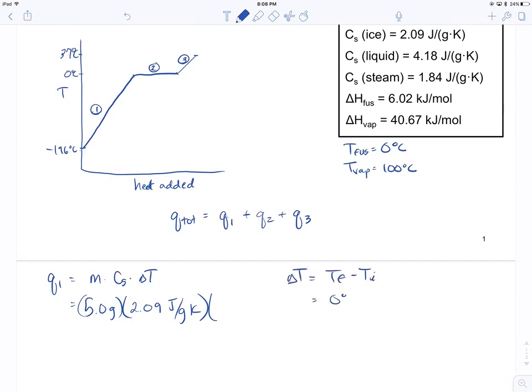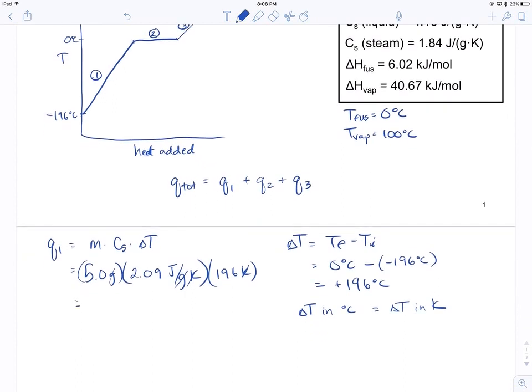So my final temperature for that step is 0 degrees Celsius minus a negative 196 degrees Celsius. So I have a positive 196 degrees Celsius temperature change. And the change in temperature in degrees Celsius is equal to the change in temperature in Kelvin.